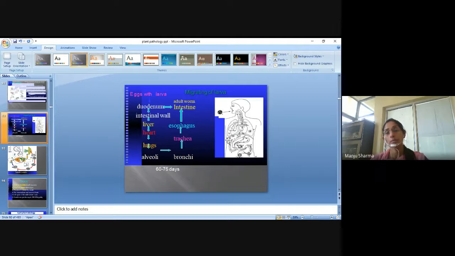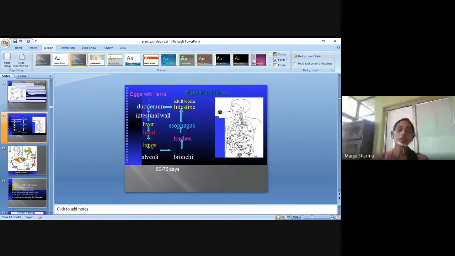So there is the migration of larva, how the larva migrate into the human body. Firstly, the adult worm is in the intestine and duodenum.